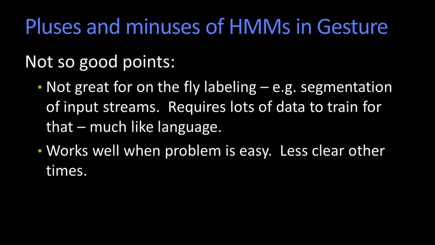Of course, not everything is perfect. They're not as good for segmentation labeling as some newer methods. I mentioned conditional random fields earlier. If you actually have something where your training data has particular underlying states and you know what those states are, so it's not even really a hidden Markov model.